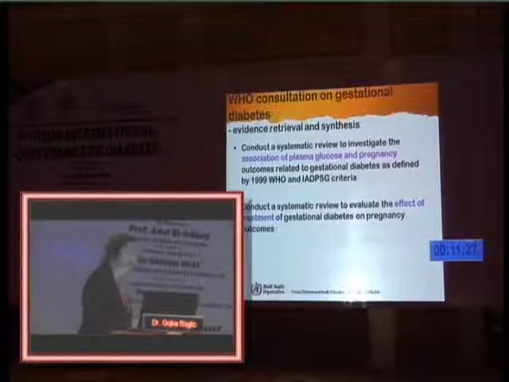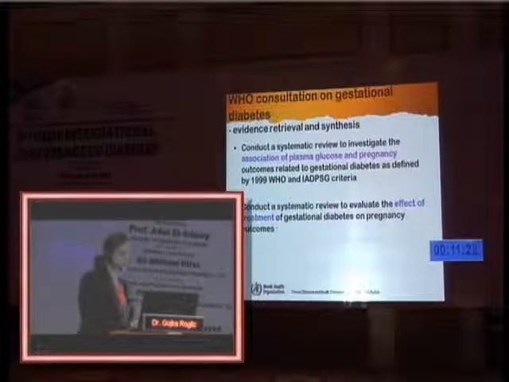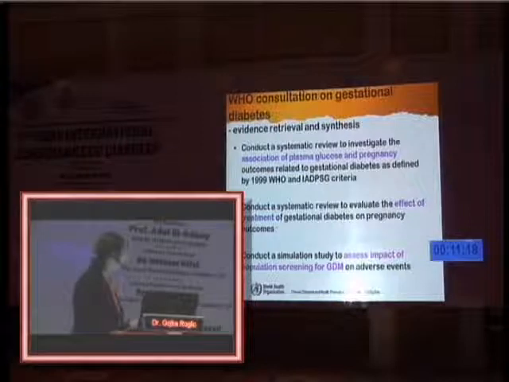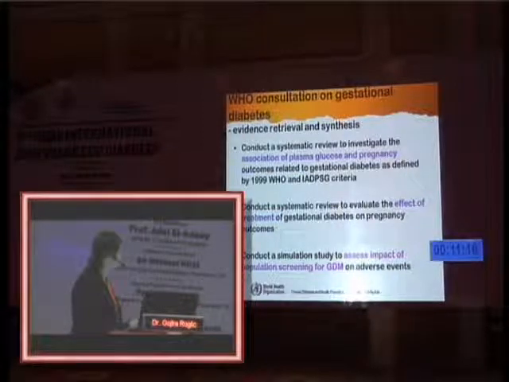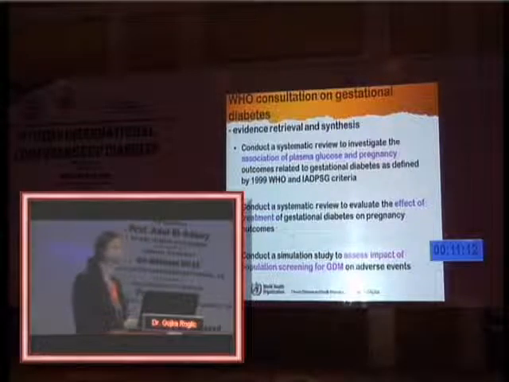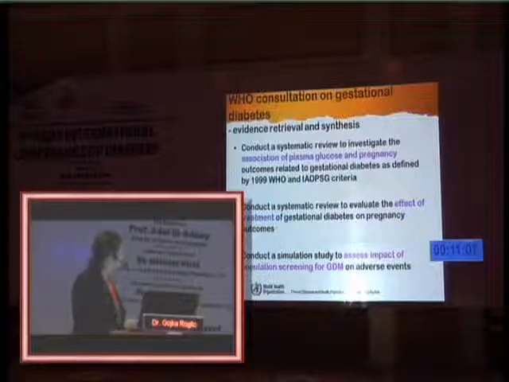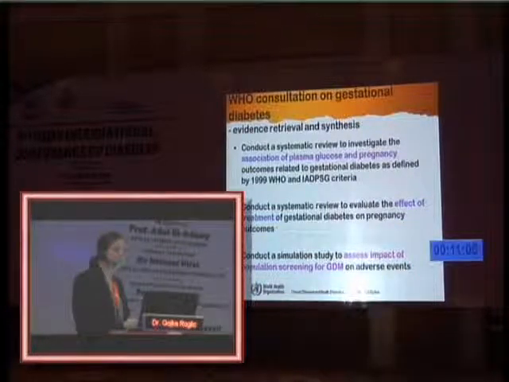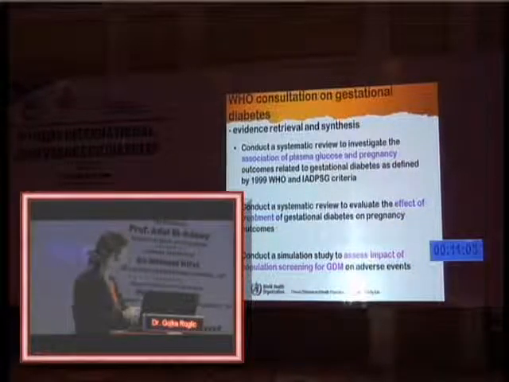The second was to conduct a systematic review on the effect of treatment of GDM on pregnancy outcome. And the third, we conducted a simulation study to see what would be the impact on the population if systematically all pregnant women were screened for GDM, and if they had it, all of them were treated for GDM.